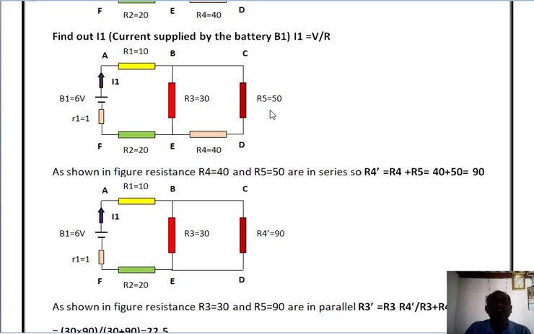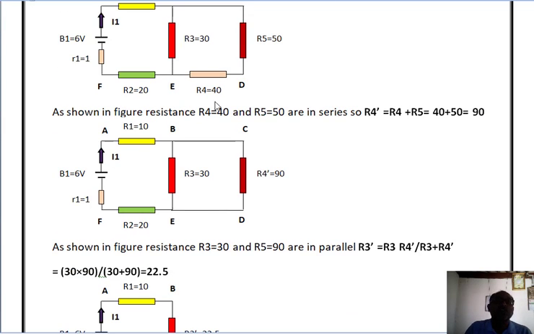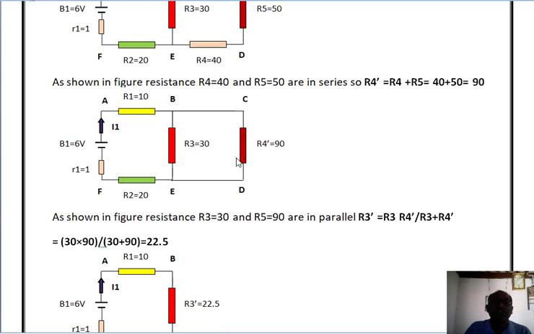In series connection, as you have already studied, R is equal to R1 plus R2 plus R3. So here R4 and R5 are in series, and R4 dash becomes 40 plus 50, equal to 90. So the equivalent value of the 40 and 50 ohm resistances is 90 ohm, and the circuit is reduced.